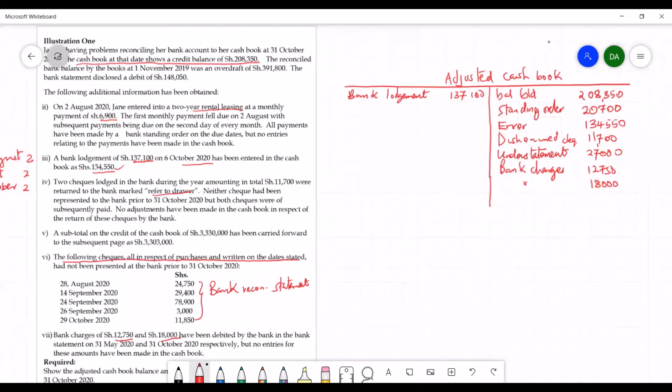Right. So in this case, we have recorded all the transactions, and now we balance off the cash book.